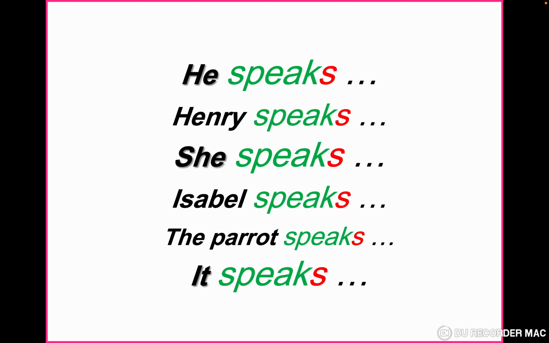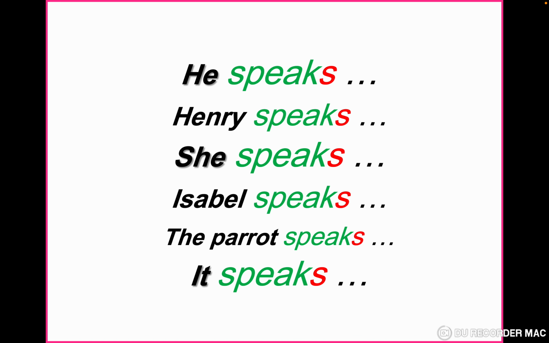I use the parrot just in this slide or another slide, so two slides, and we are going to use just he and she, and the names of men and women. So remember, in present simple, the verb with he, she, and it takes an s, or a singular noun.